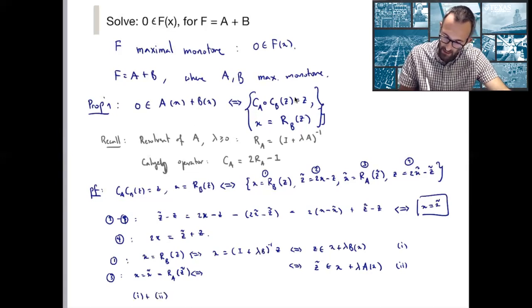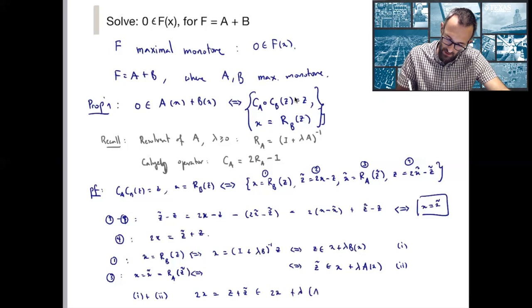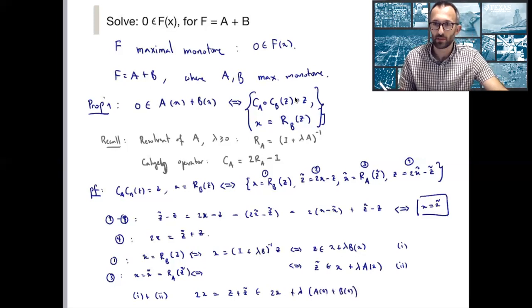It tells us that Z plus Z tilde, which is also known as 2X, is an element of X plus X, 2X, plus lambda times A of X plus B of X. And you can see that this is exactly what we wish to conclude, because by canceling 2X, this is the same as writing that 0 is an element of lambda times A of X plus B of X, and recalling that lambda is positive.